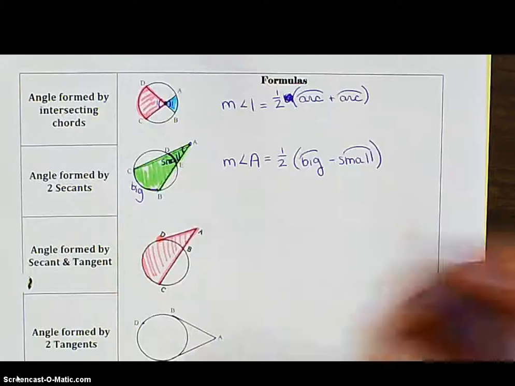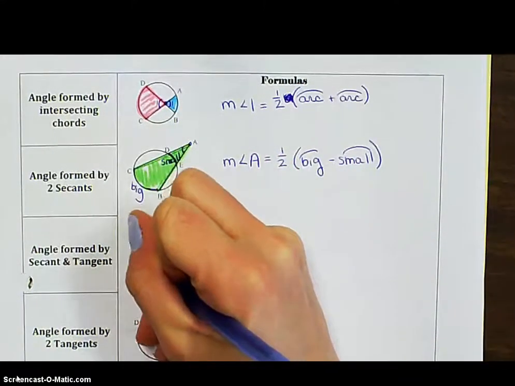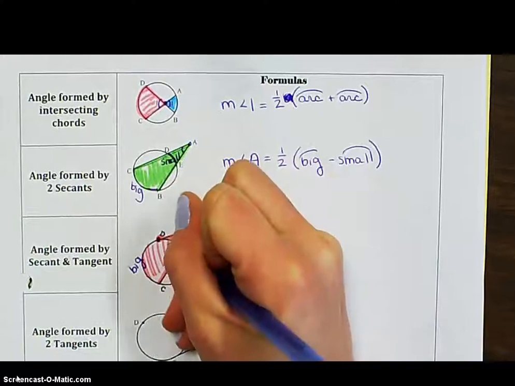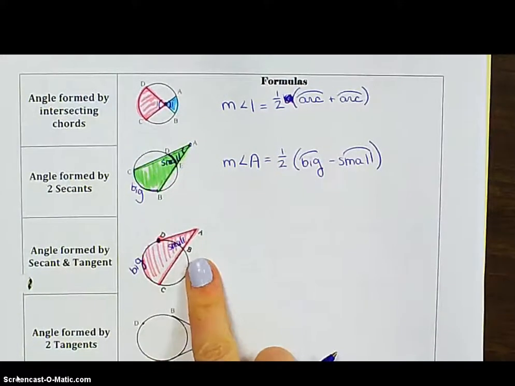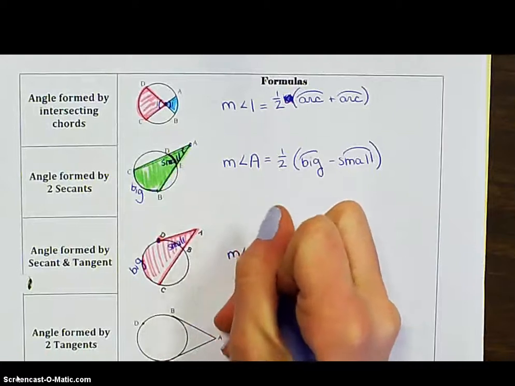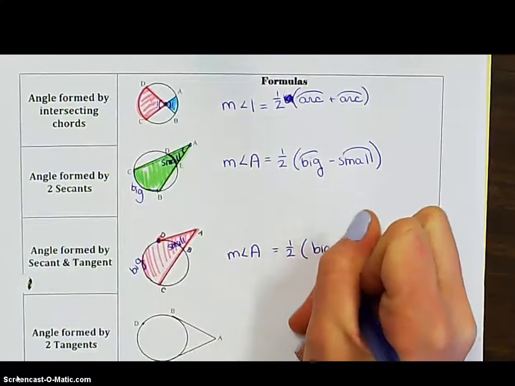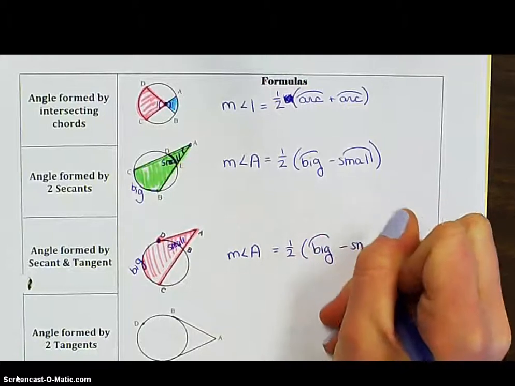Well, there's actually 2 arcs because D is a point on the circle. So once again, we have a big arc and we have a small arc. And we're going to use the same formula we did up above. So the measure of angle A is equal to 1/2 the big arc minus the small arc.